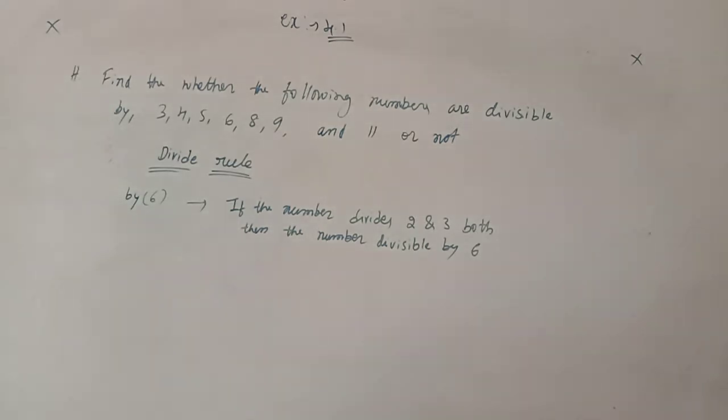So we have to check only whether the number is dividing by 2 and 3 or not. If the number is dividing by 2 and 3 both, the number is divisible by 6.